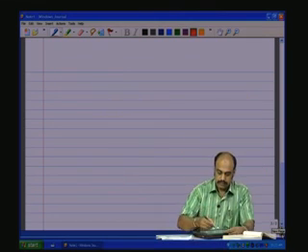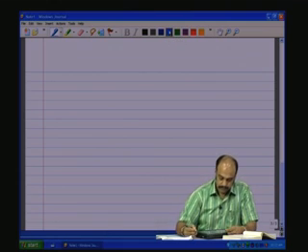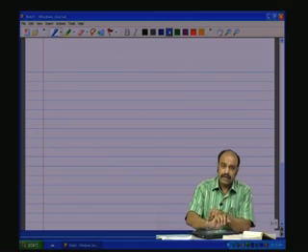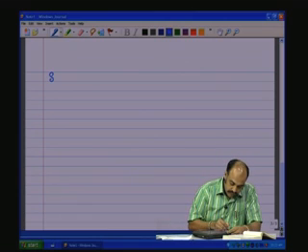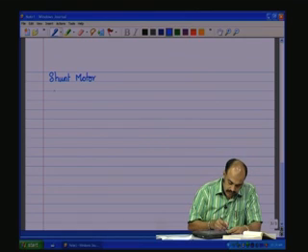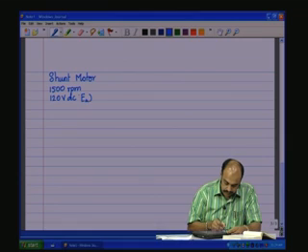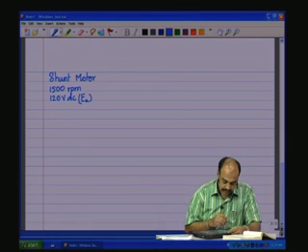Let us consolidate with a couple of examples, one on the shunt motor. Now, let us say we have a shunt motor rotating at 1500 RPM, and it has 120 volts DC as our EA applied to the terminals of the motor.